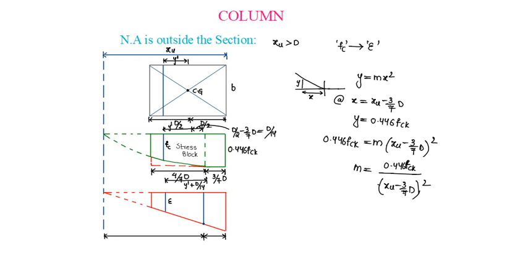So our expression for y will be y equal to 0.446 fck into x square by Xu minus 3/7 of D whole square. Then at x distance, that is x is now Y bar plus D by 14, say this is our y, then Fc will be total 0.446 fck minus y.